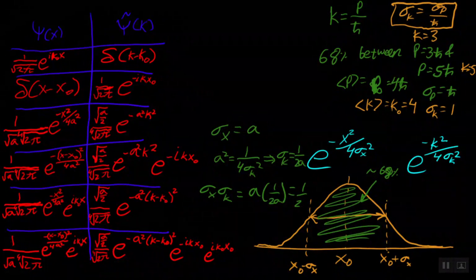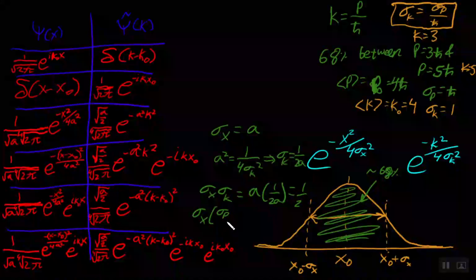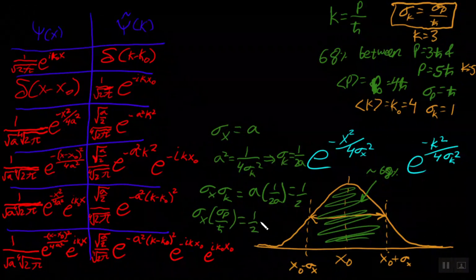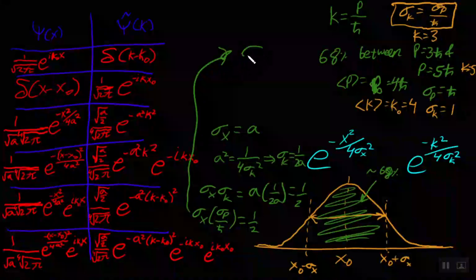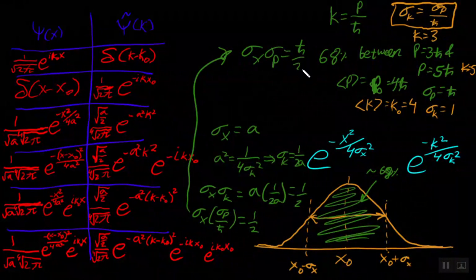So now using this, we know σk, which is σx times σp over ħ, is equal to 1/2. And so now we have σx σp is equal to ħ over 2. This is for a Gaussian.